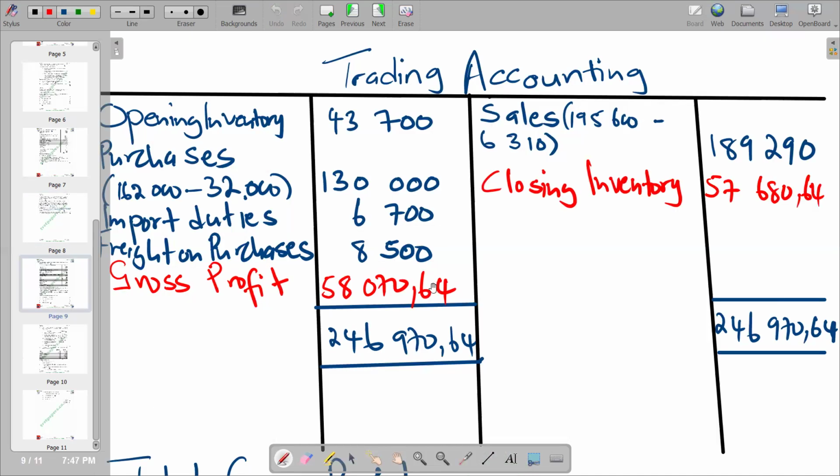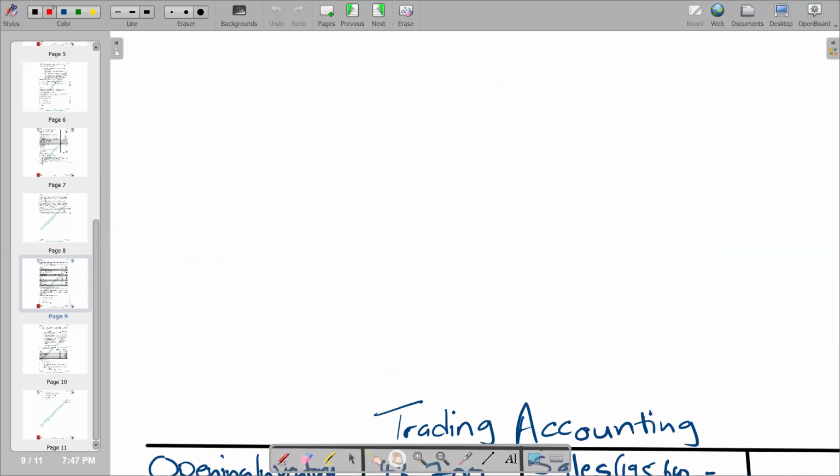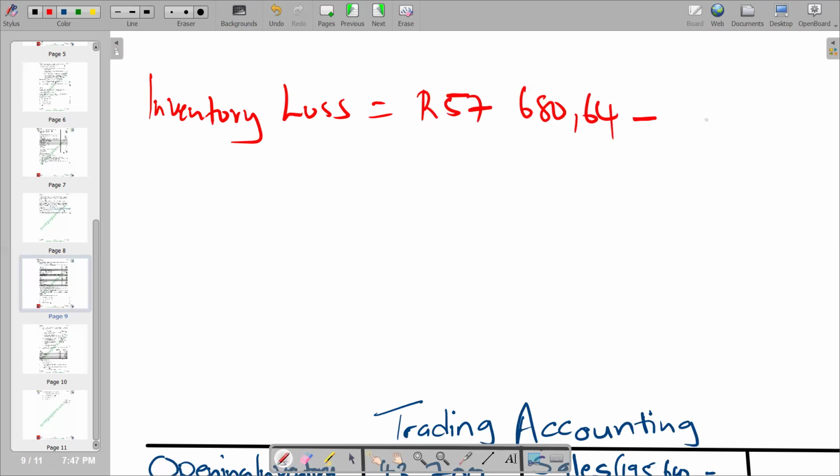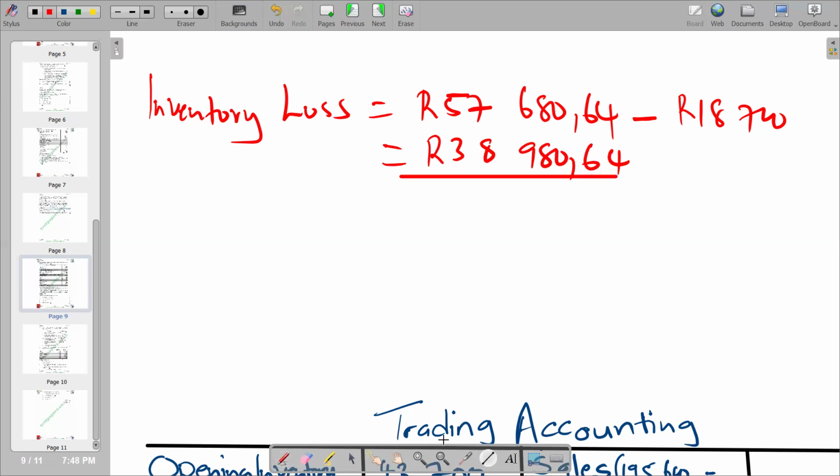So we subtract the salvage, which is 18,700 rands. You calculate there, and you see that the inventory loss amount is 38,980 rands 64 cents. So this becomes your inventory loss.